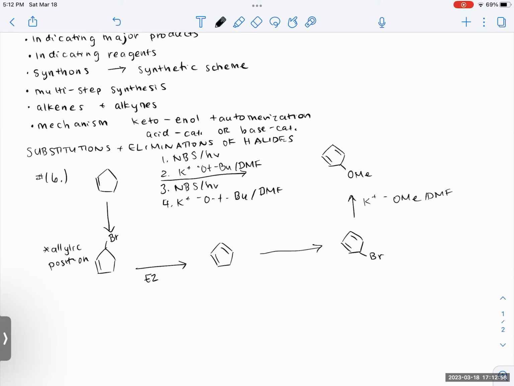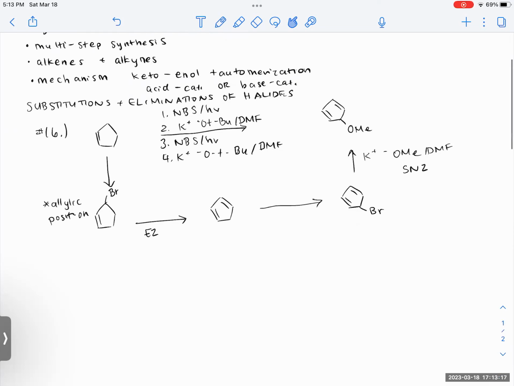I have a quick question. In the last step where it does the substitution, would that be considered the SN2 reaction? Yes, this is an SN2 here. On the exam, for each step, do we have to specify if it's elimination or substitution or whatever?